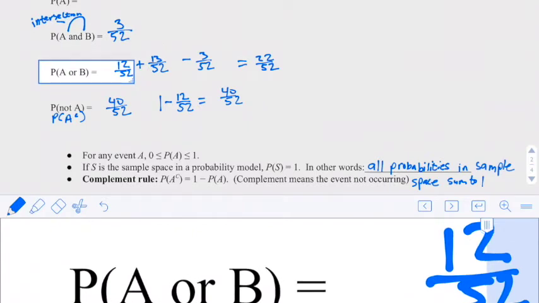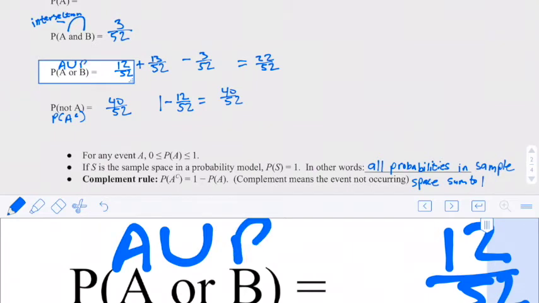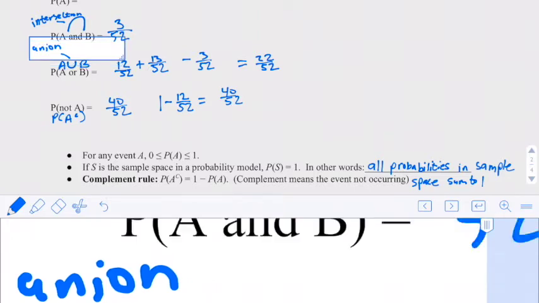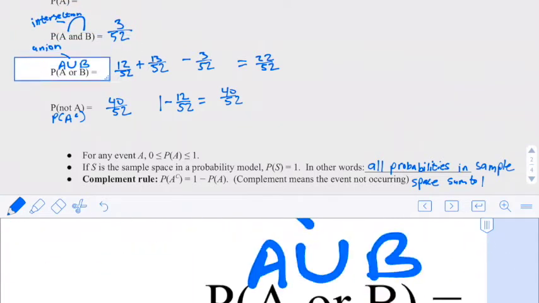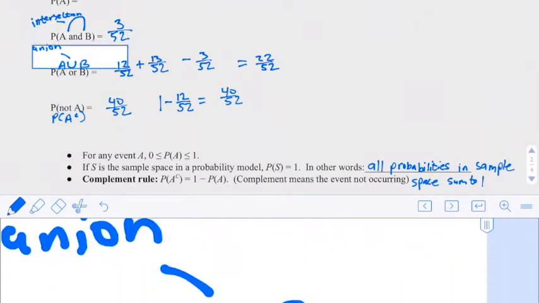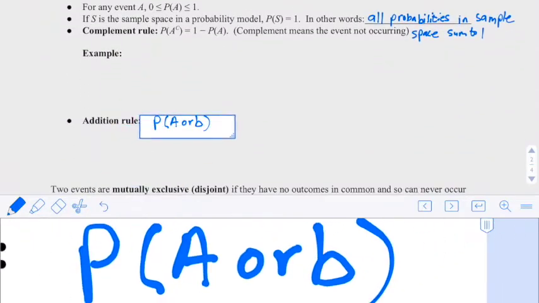The probability of A or B, A union B, this is union. It's just the probability of either of them happening, not necessarily at the same time. So we have union and intersection. I'm going to use those for the rest of the time.